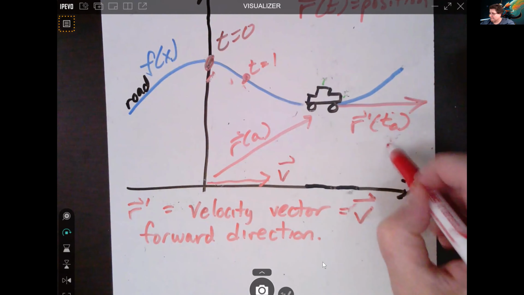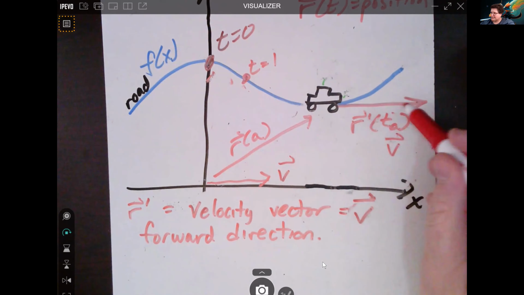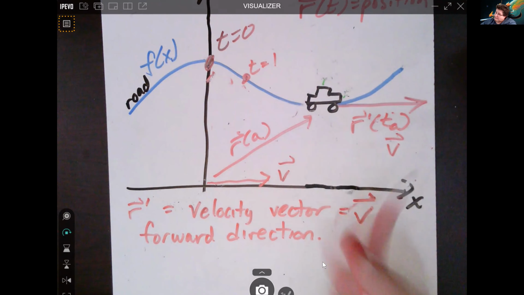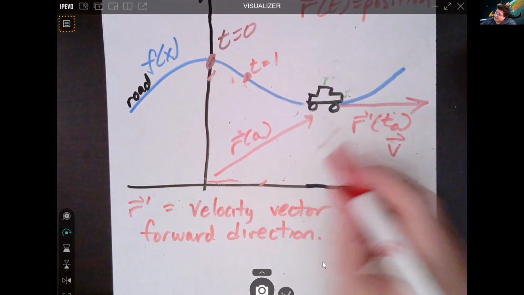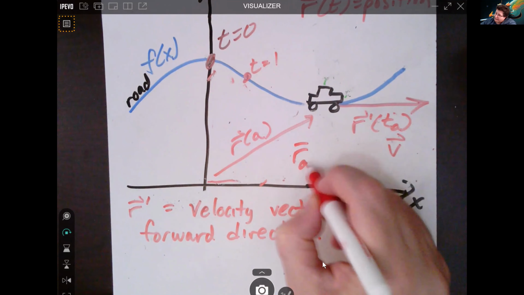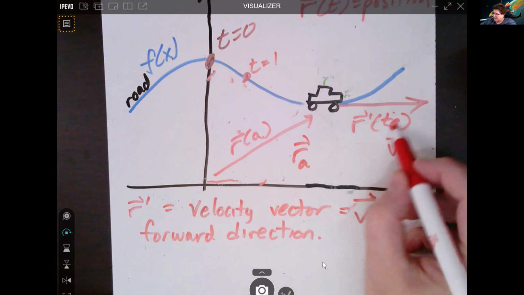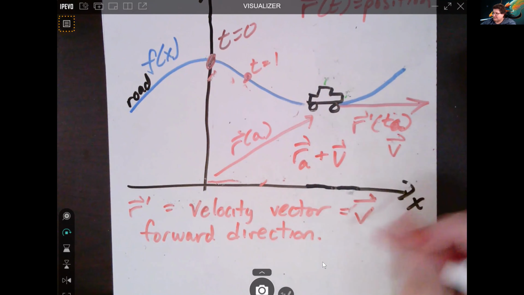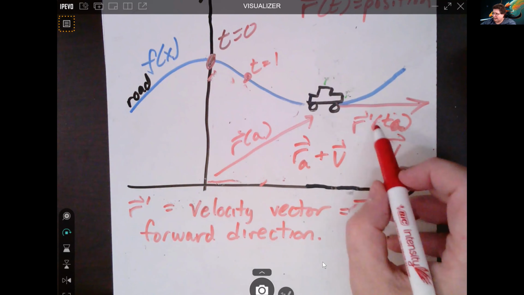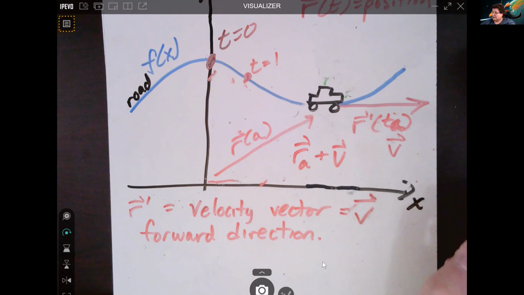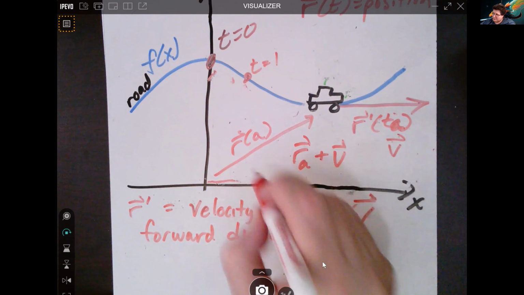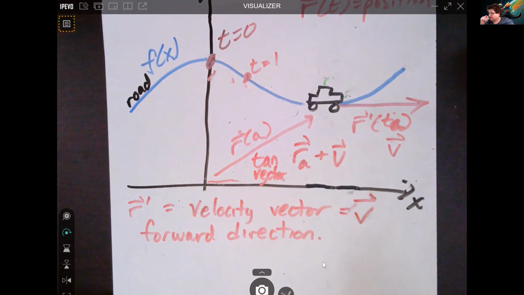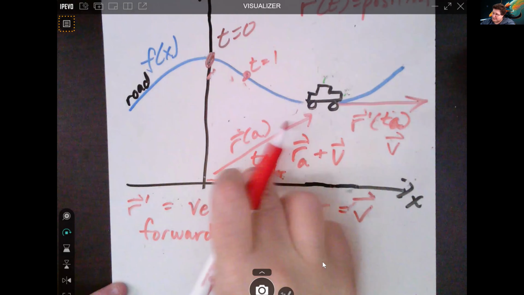This is V, that's V. To relate it to this vector right here, I need to say this is R of A plus V. And so V here is R prime at t of A. That's my tangent line.